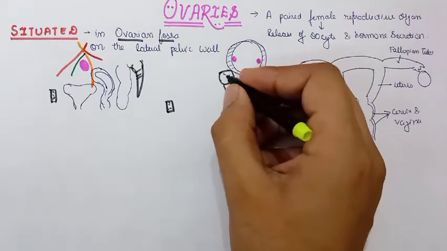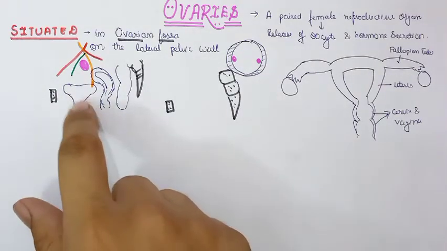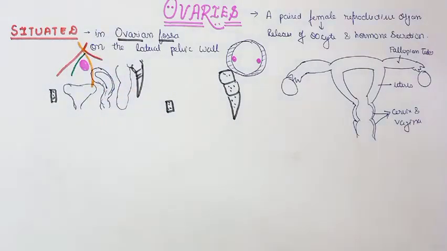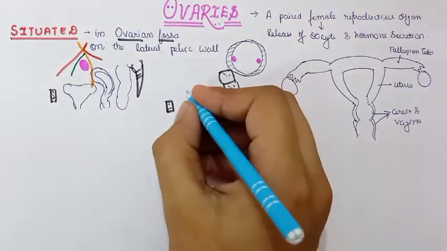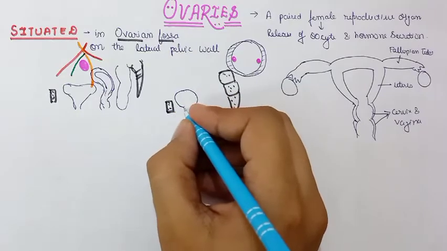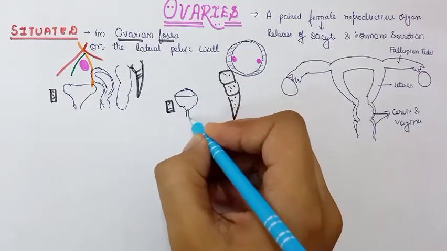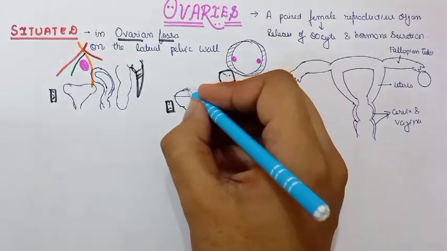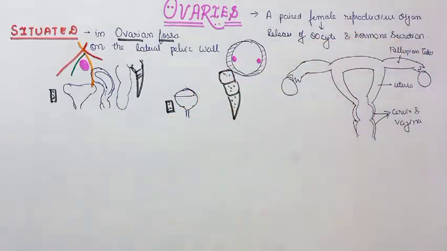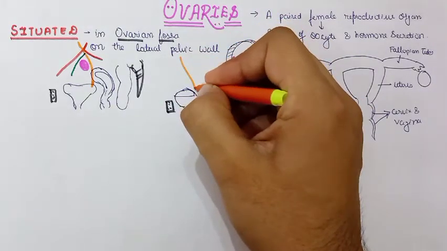Then the important structure is the urinary bladder because the ureter enters it. The neck of the bladder in adults lies at the lower part of the pubic symphysis. This is the neck of the bladder which continues as the urethra, and the ureter enters the upper part of the trigone.